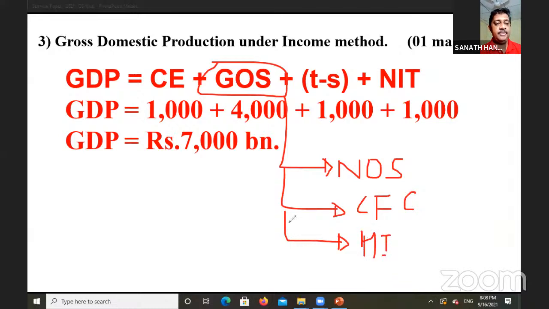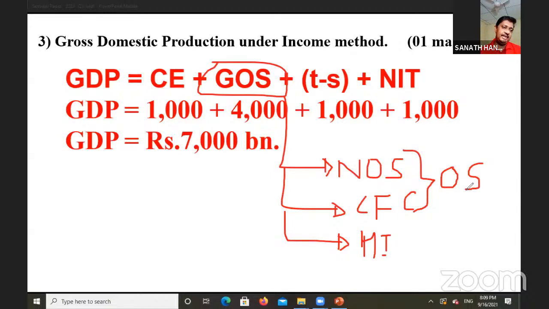NOS and CFC together make up the operating surplus. Right? GOS includes net operating surplus, CFC and mixed income. So operating surplus includes NOS and CFC. Right?